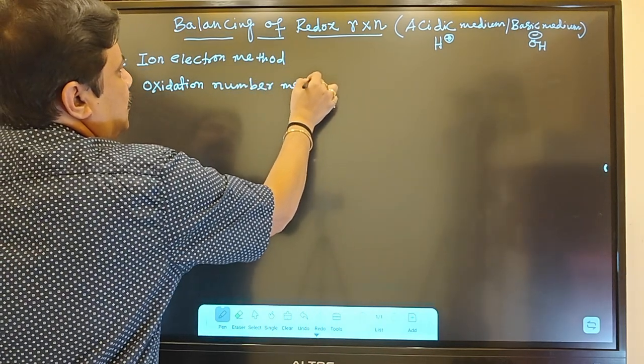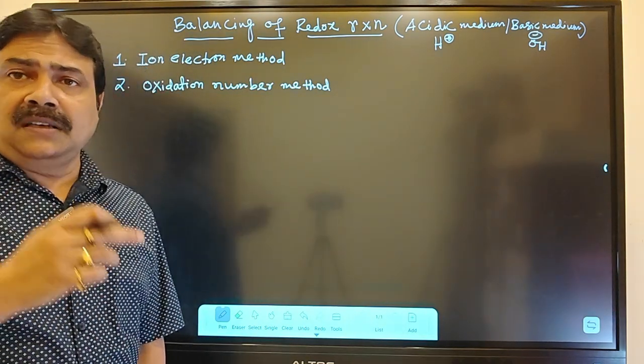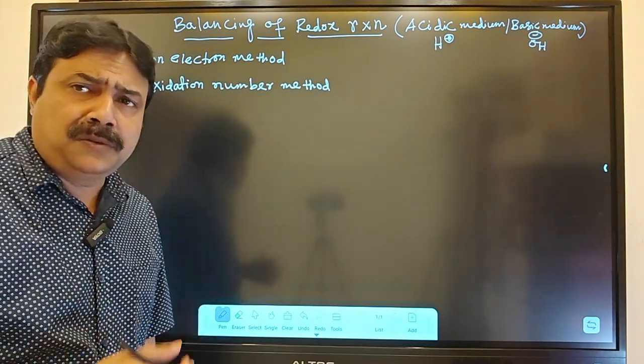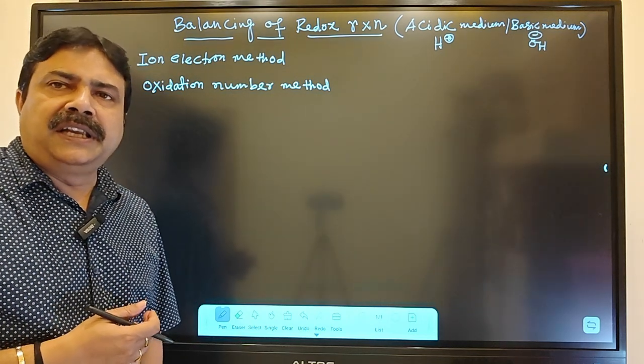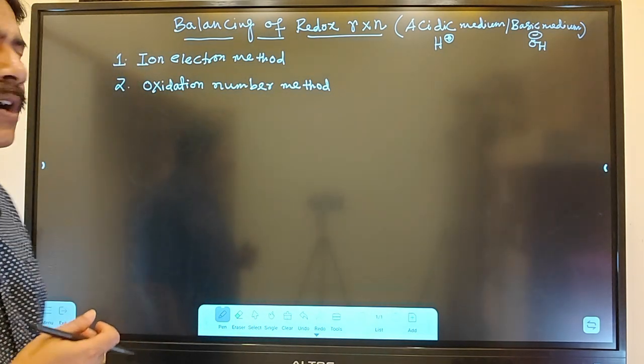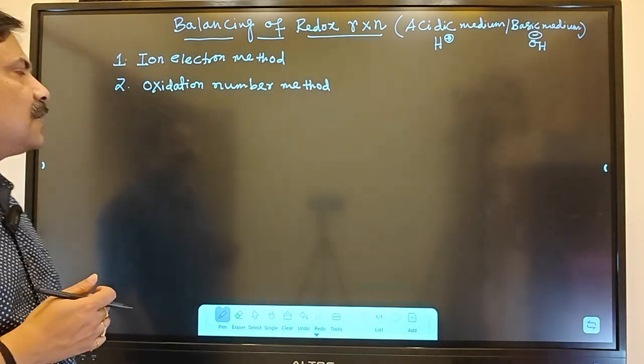The ion electron method is a little lengthy, but it will never give you any mistake. The oxidation number method also will not give you mistakes if you know it properly, and it will be done in 1 second. So these are the two methods for balancing a redox reaction.